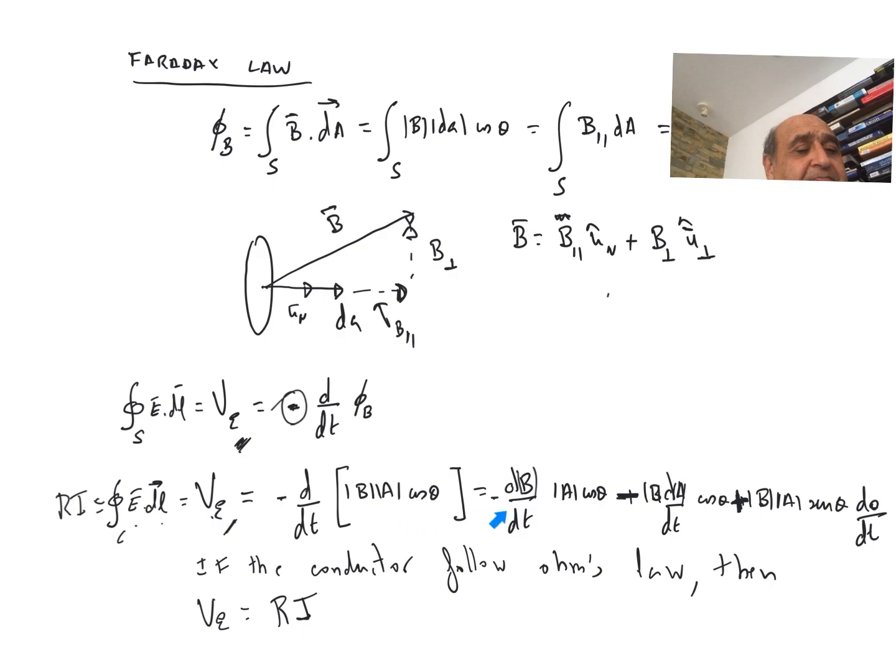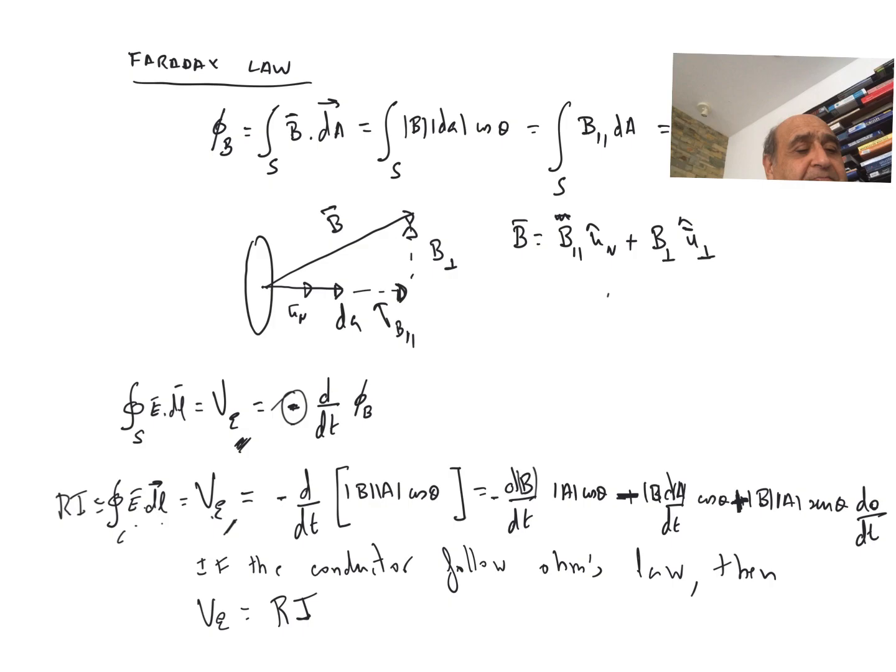So I want to summarize the three changes using the product rule of the derivative. So it will be the derivative of B times the others, plus the derivative of A with respect to t times the others, plus the derivative of cosine of theta, which is sine of theta times omega, d theta over dt.